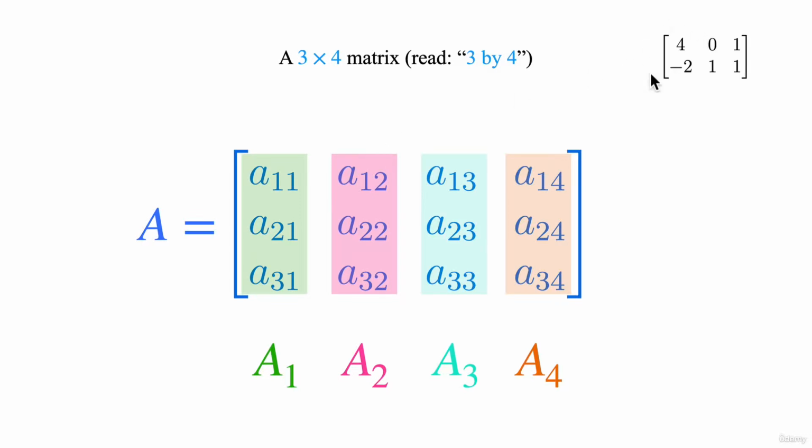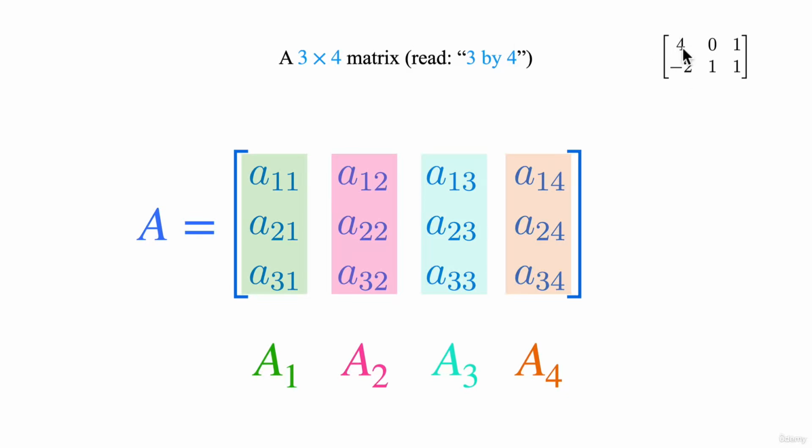And for example, if you have a matrix like this, this is a 2 by 3 matrix. You see 2 rows and 3 columns. You always tell first how many rows there are and then how many columns.